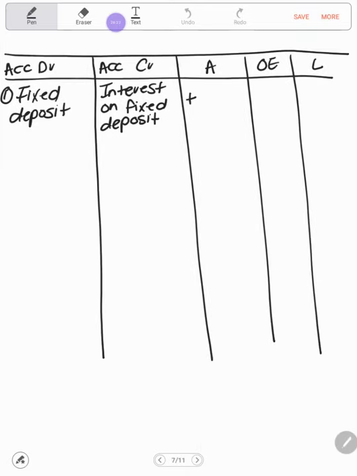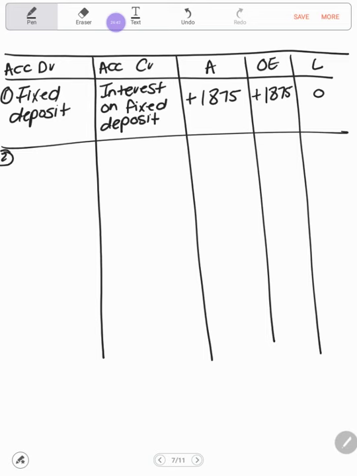So going back to our journal, our assets are increasing by 1,875. And remember, interest on fixed deposit is an income, and incomes increase your owner's equity by 1,875, and there will be no effect on liabilities.